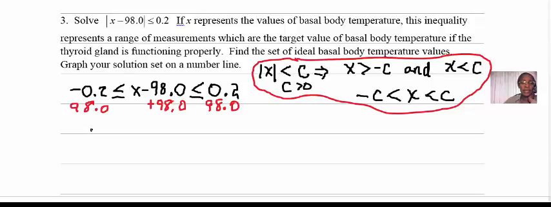So I get 97.6... when I add negative 0.2 to 98.0, I get 97.8, less than or equal to x less than or equal to 98.2.